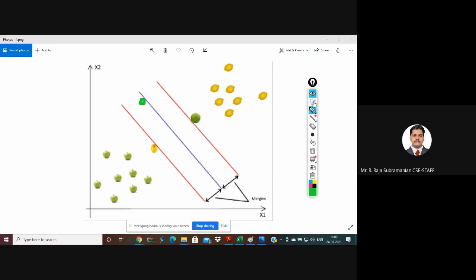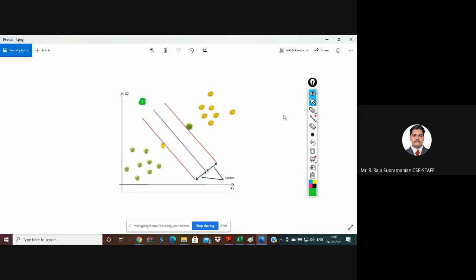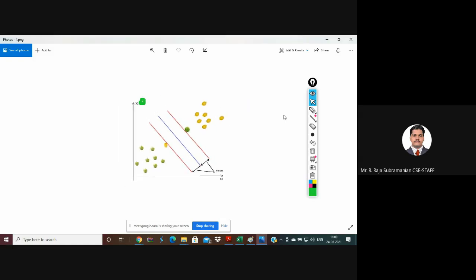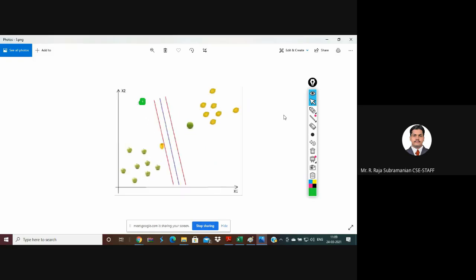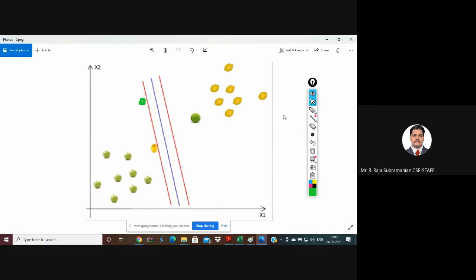But if I take a contrary example, and I didn't get an optimal hyperplane, say I take this. If I take this, then what will happen? This is actually even closer. And if I take something over here as a lemon, this hyperplane will give more precedence to the lemon rather than the apple, because there is more space for the lemon class.